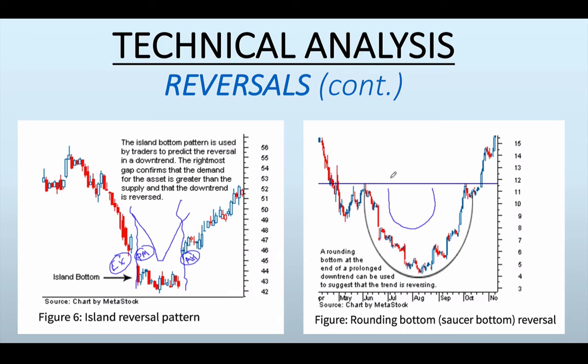This is just a prolonged downtrend that can be used to suggest the trend is reversing. So it's like a nice support, it cracks that support, but it still holds, and then moves with momentum to the upside, holds support, and then is a nice momentous breakout from there. So even if you bought down here, you're looking at a nice, and this is incentive, this is extra money for you.